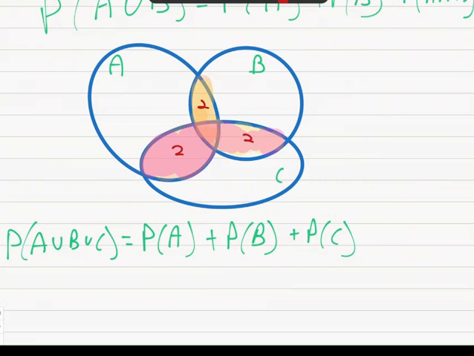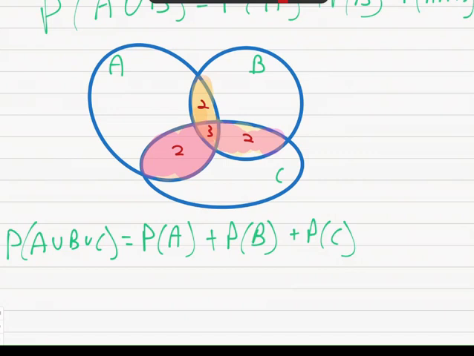But how many times has this piece here in the center been counted, right? Well, that was in the probability of A. It's also in the probability of B. It's also in the probability of C. So now that three-way intersection has been counted 3 times.